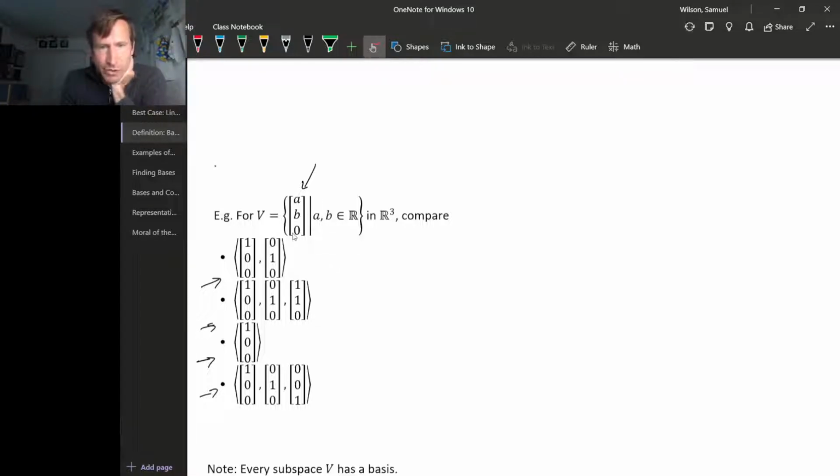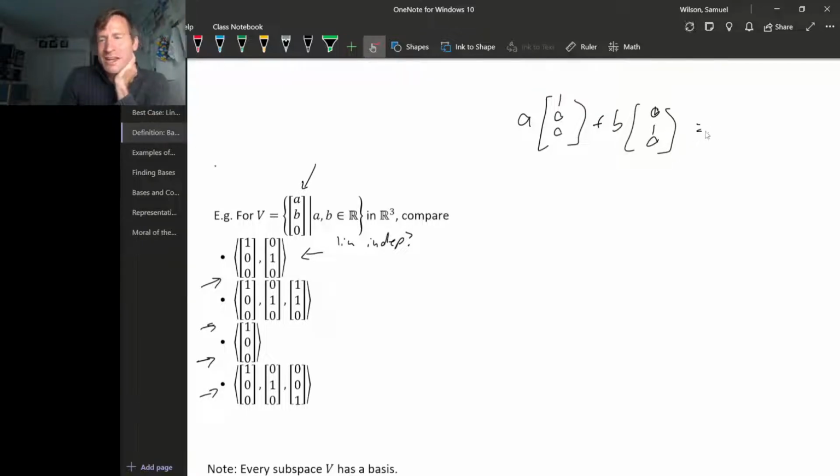All right, so for this collection, to answer the question, is this a basis, we need to check, is it linearly independent? To check if these are linearly independent, technically we would need to check, is there some non-trivial linear dependence relationship between these?